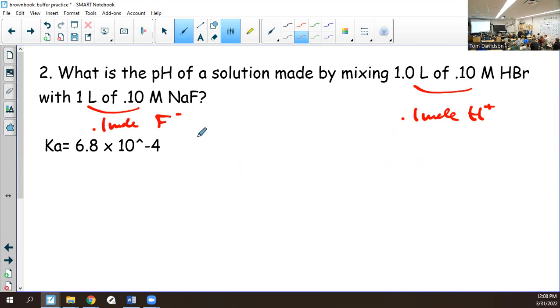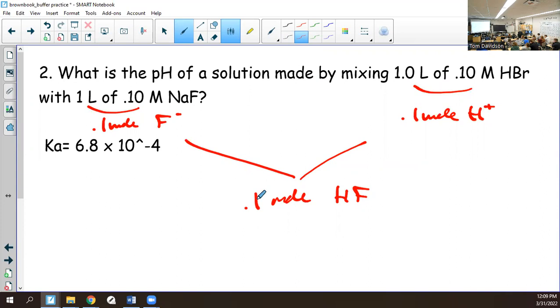They will combine to make 0.1 mole of HF. Is there any excess F minus? No. So is this a buffered system? No, not a buffer, correct? So all I have here is an amount of weak acid, right?